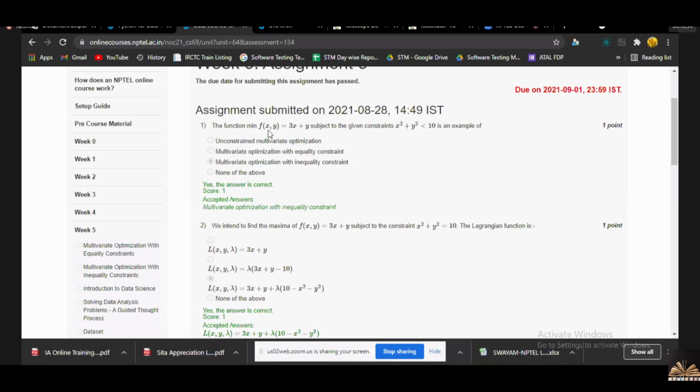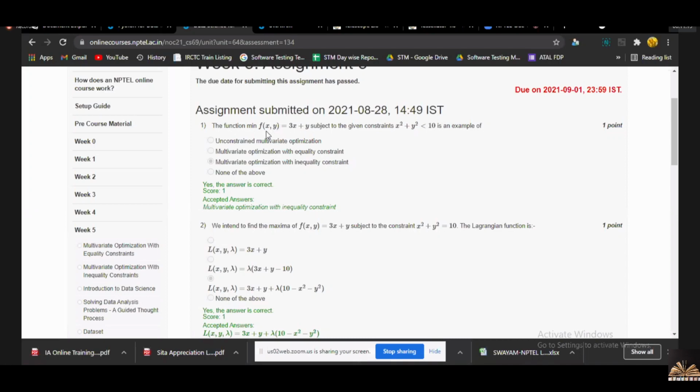As I already told, this is a minimization function and the function is 3x plus y. The constraint is x square plus y square less than 10. Two variables, x and y, are included in the function, so this is a multivariate, not a one variable.